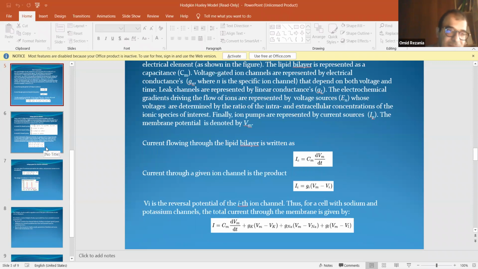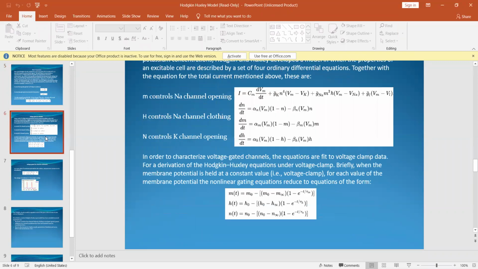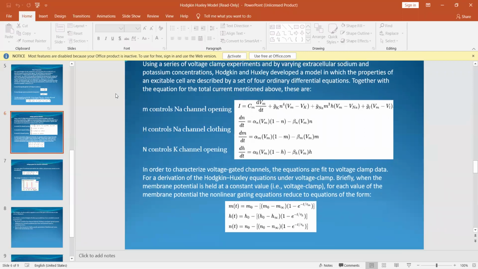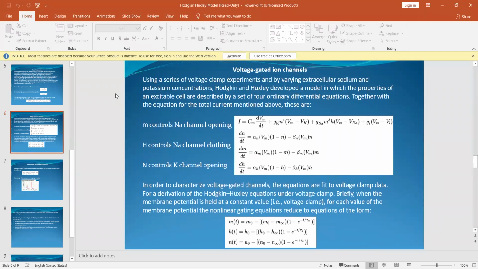Okay. Yes. And the next part is voltage-gated ion channels.